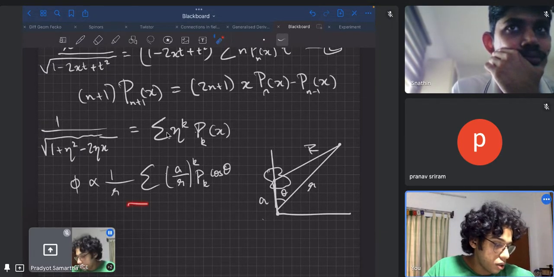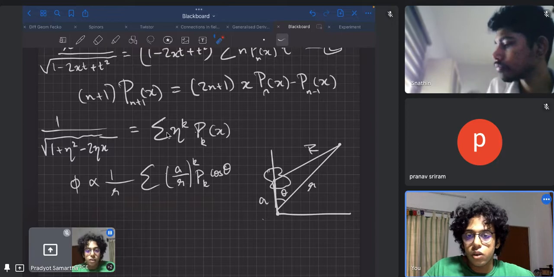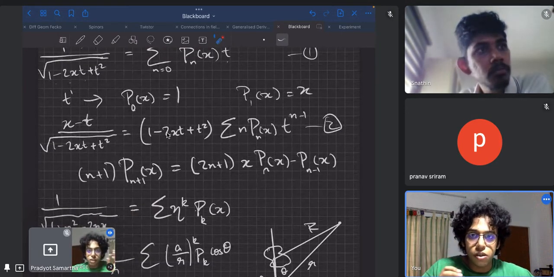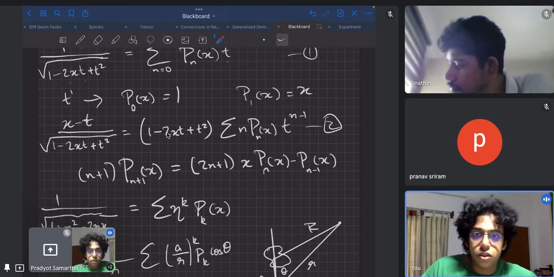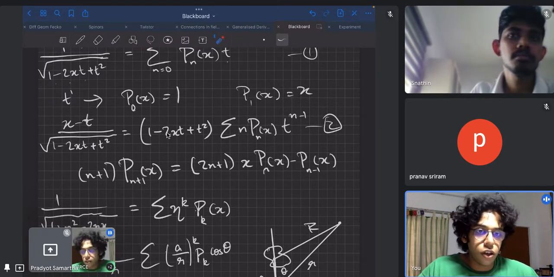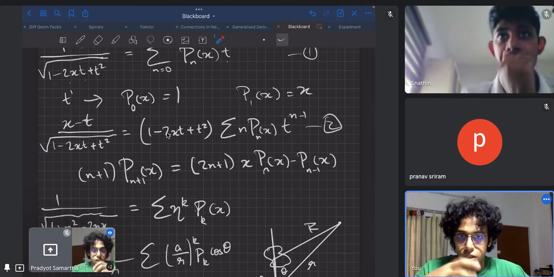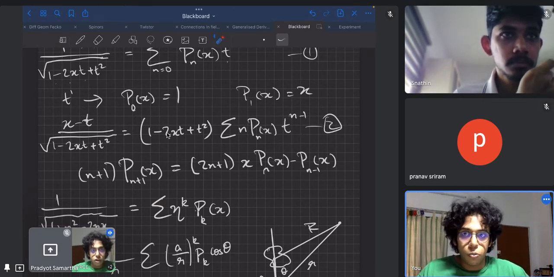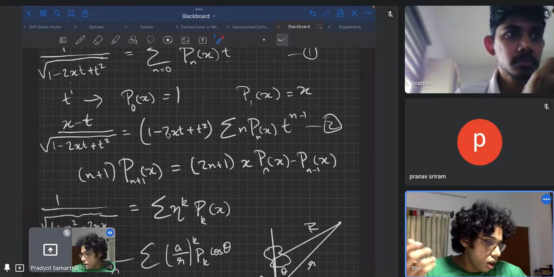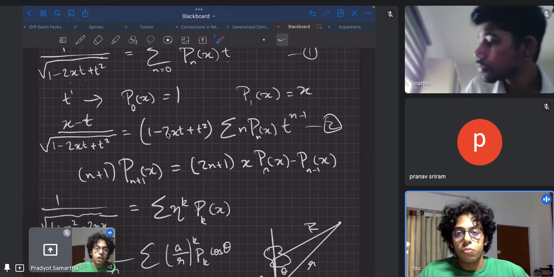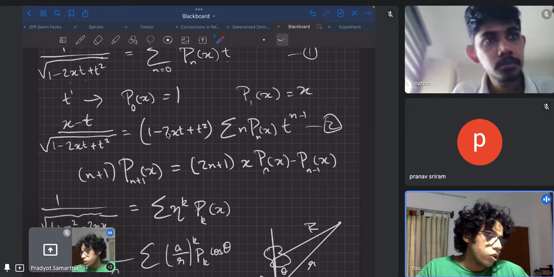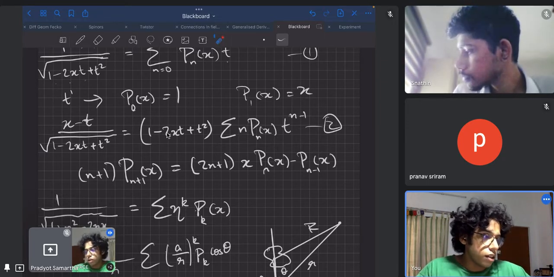How do you derive this? I've given you various discrete steps, and I'll send this to you as well. They are just various discontinuous steps, and I've shown you how a Legendre polynomial can be derived. The task is to connect these two things together. That's it for today.